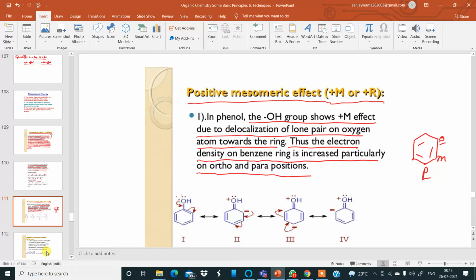So the electron density on the benzene ring is increased where? On the ortho position and the para position, because of this positive M effect. Because in phenol there is an OH group on one of the carbon atoms. So this lone pair of electrons is being pushed towards the benzene ring, and it is causing positive mesomeric effect.